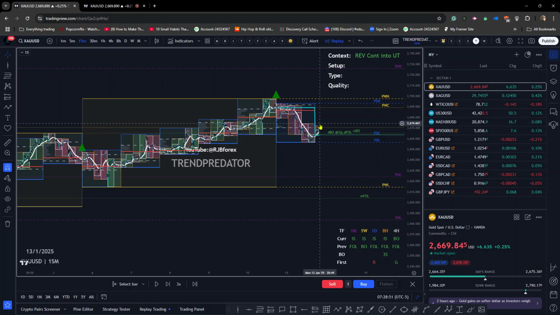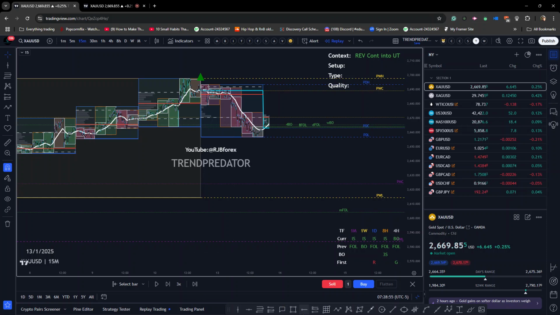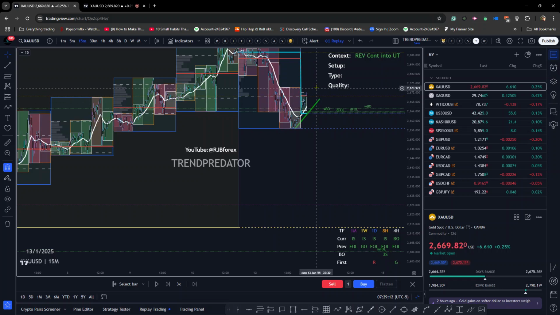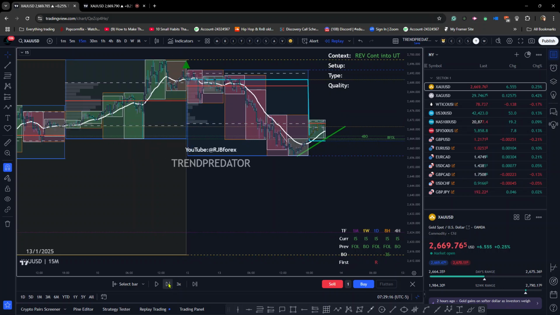Okay, so this is helping us derive a thesis based upon confluence in the market across the time frames. As you can see, this table is very bullish, and the context is reversal continuation into an uptrend. Okay, so we assume that we continue bullish, and that could give you a trading opportunity.